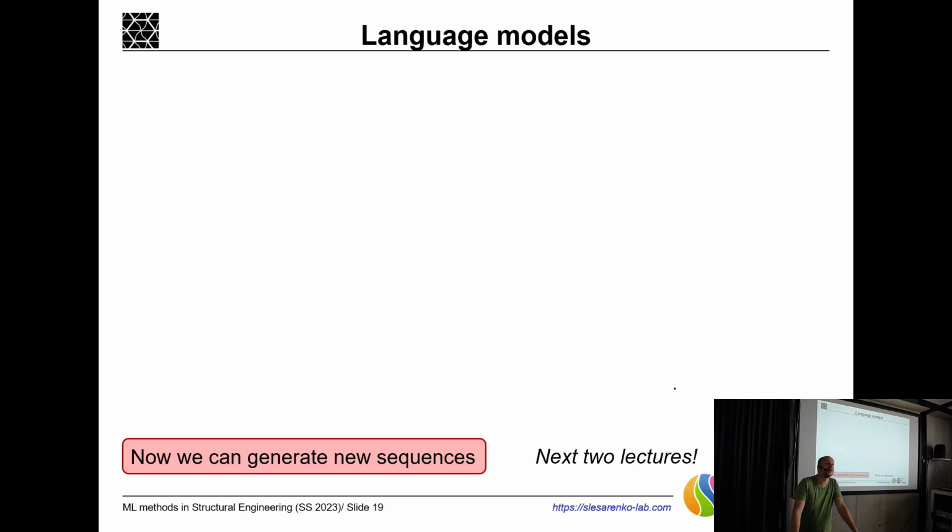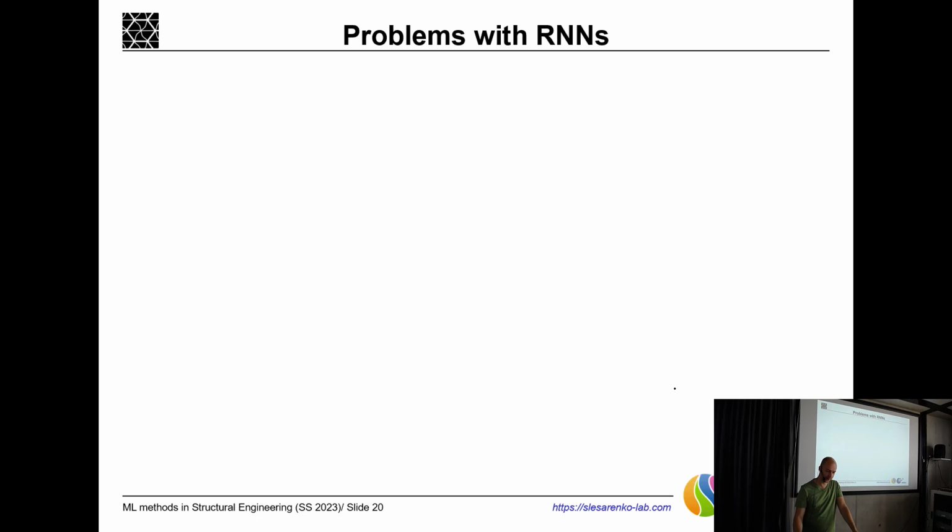And now we can actually generate new sequences, and that's already going a little bit towards generative models that Garrett will talk about later in the context of image generation or, I don't know, signal generation probably as well. So the next two lectures will be quite interesting. But for right now, for language models, I think that's what's important for you to remember.